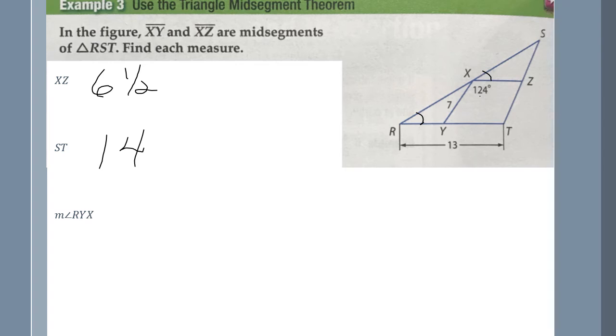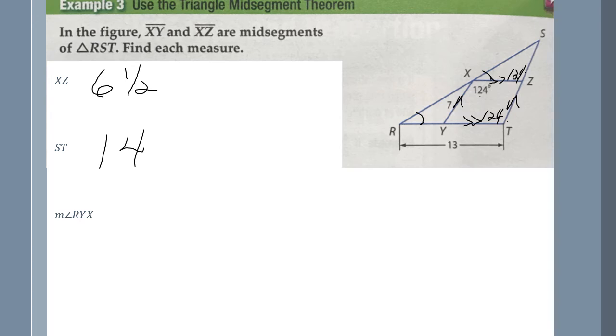So this is parallel to this, right? So if that's 124, this has got to be 124. And if those are parallel, and this is parallel, that's a parallelogram, right?